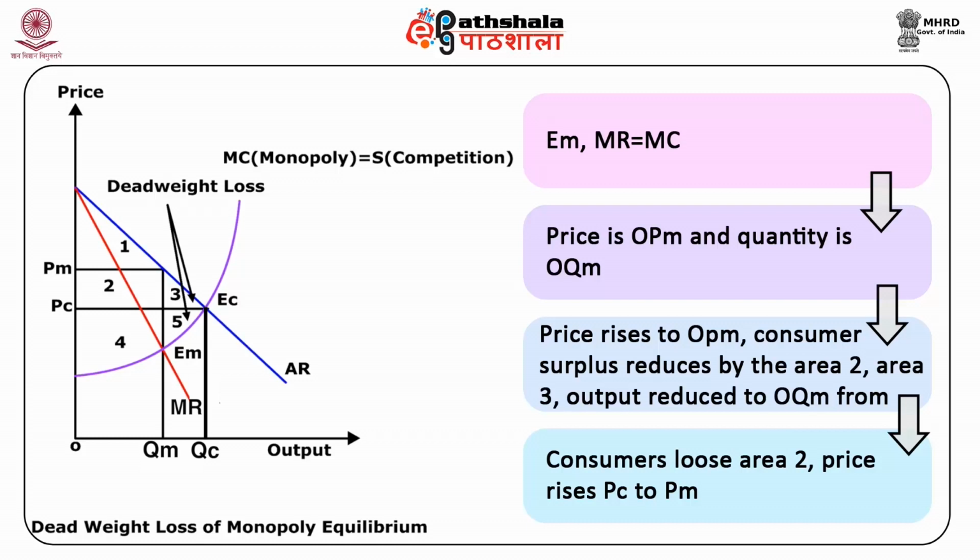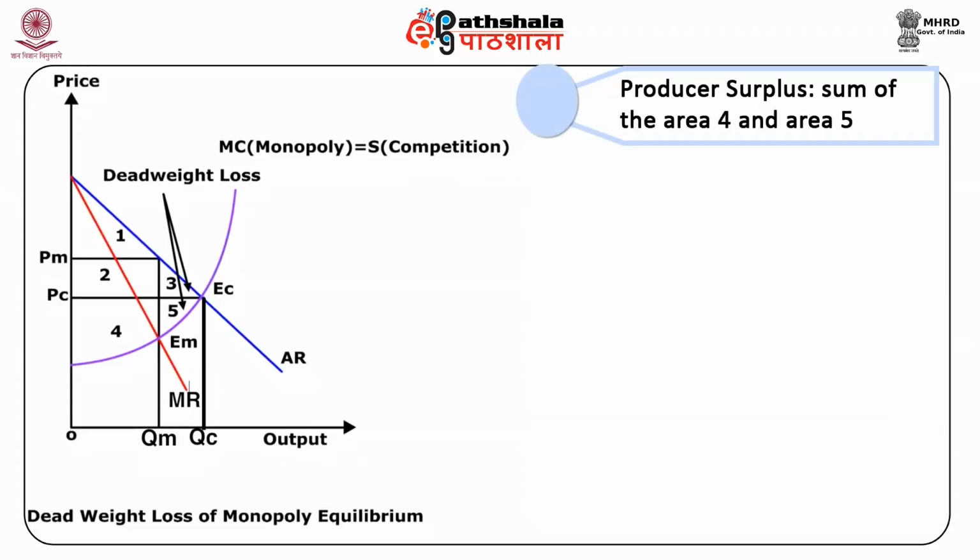Consumers also lose area 2 because price has now risen from PC to PM, and that area is transferred to the monopolist. Producer surplus under competitive equilibrium is the sum of area 4 and area 5.